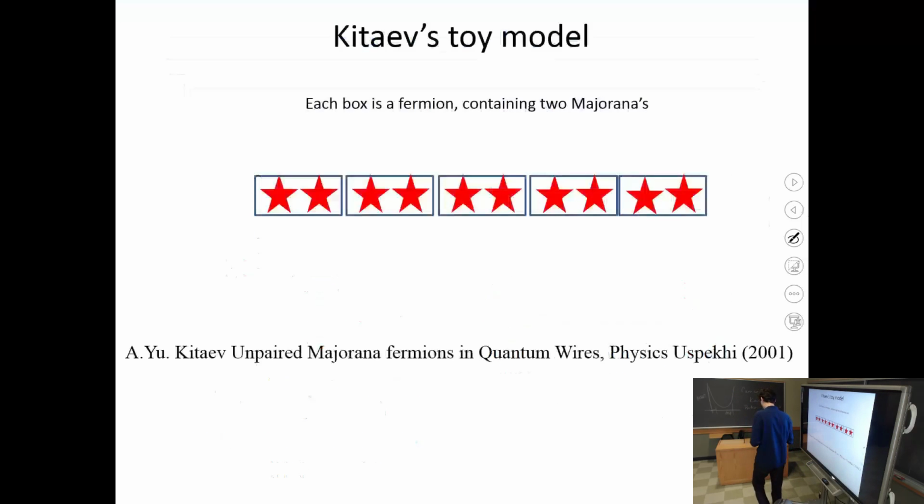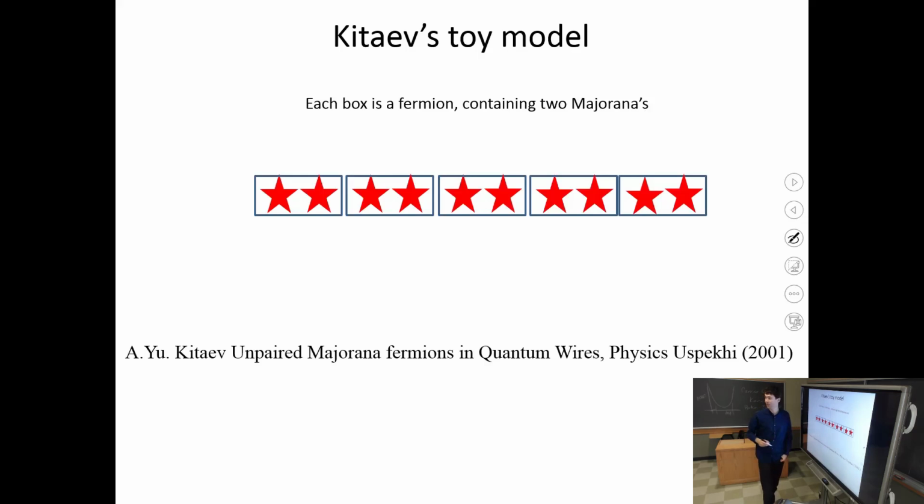Okay, so here's my cartoon of a Kitaev model, which you probably have already derived for you, but I think this is a useful picture. I'm going to represent fermions by these blue boxes with two stars. So this is a train of fermions. This is a one-dimensional lattice model where on each lattice site, which is a blue square, you have a fermion.